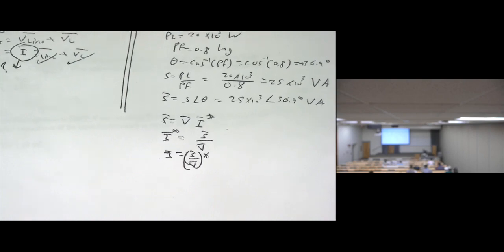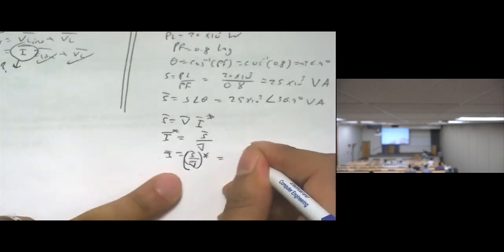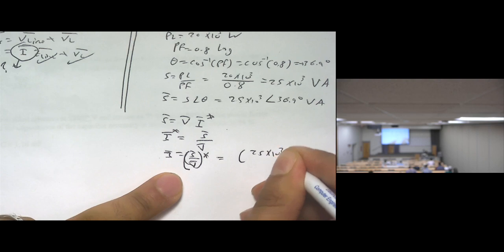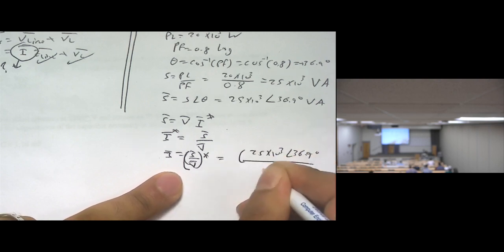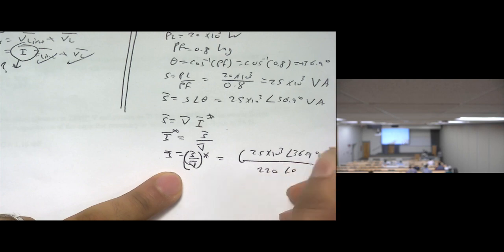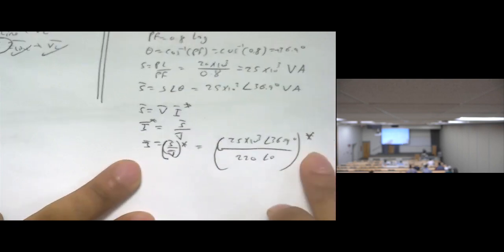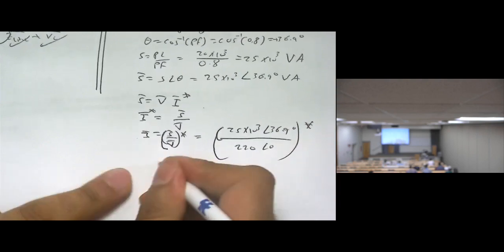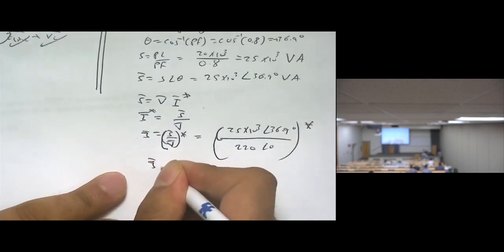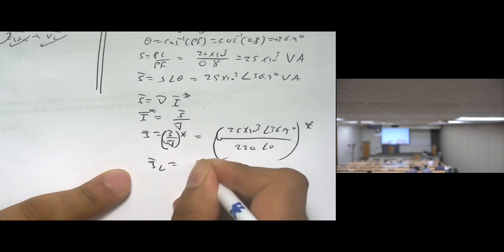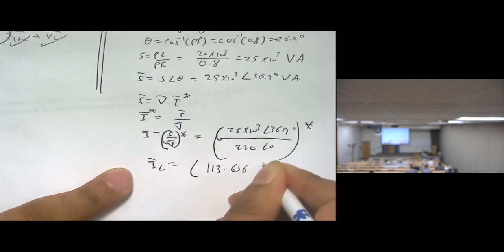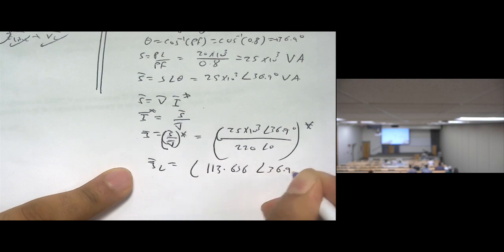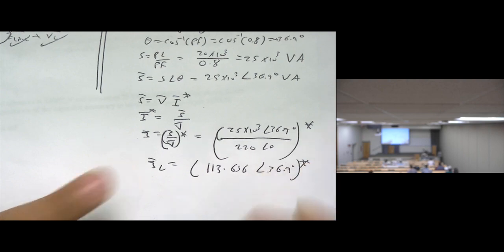So how to find these values? Substitute them. S equal 25 times 10 power 3 angle 36.9 degrees divided by V, which is given as 220 angle 0. Don't forget the bar, so don't forget the conjugate. Substitute it into the calculator. I load will be 113.636 angle 36.9 degrees, conjugated.